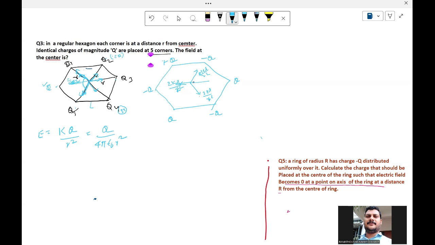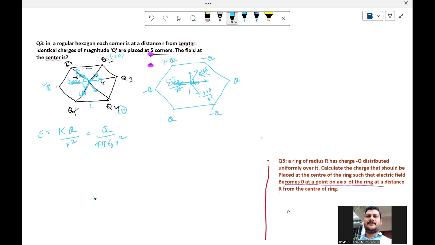Now resolve this field into X component and Y component, similarly this also into X and Y components. This is already in the minus i direction. Now find this angle and this angle; I think 60 and 60 will come. Otherwise, take the resultant of these two fields in this direction and subtract this one and this one, and you will get the resultant. Like that, the model of the problems will come.